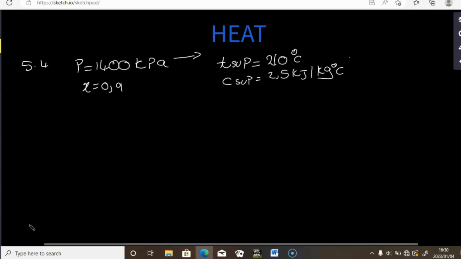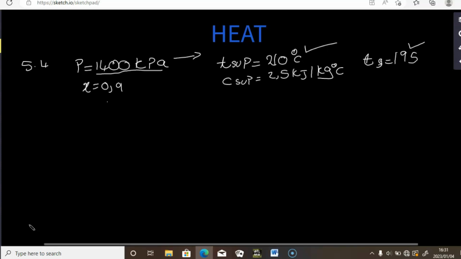If you go to the steam table and look for this pressure, you will notice that the corresponding saturation temperature is 195, which tells us that this temperature is higher than that, therefore the steam is now superheated.